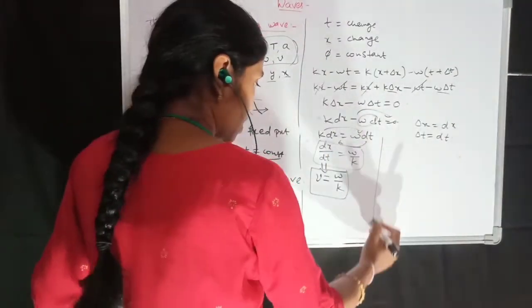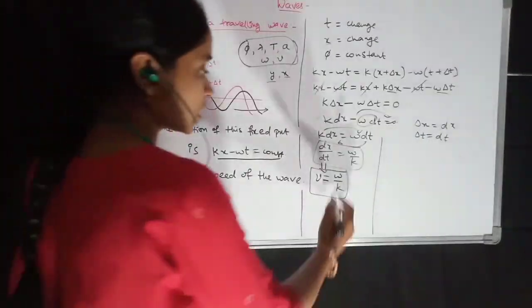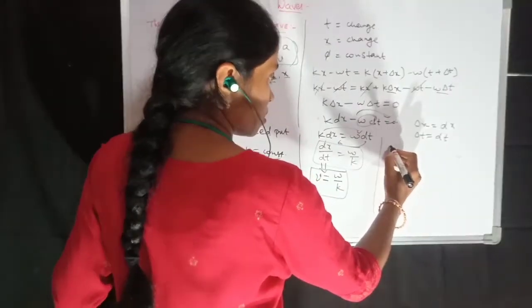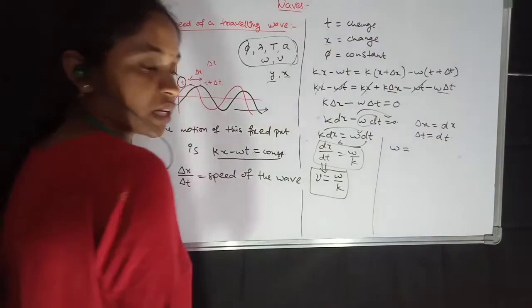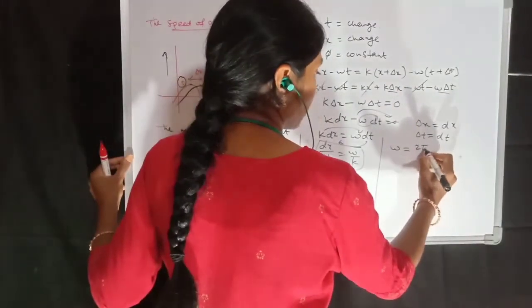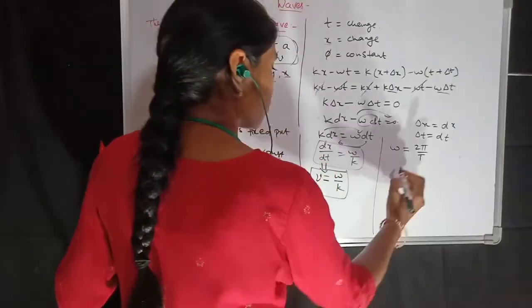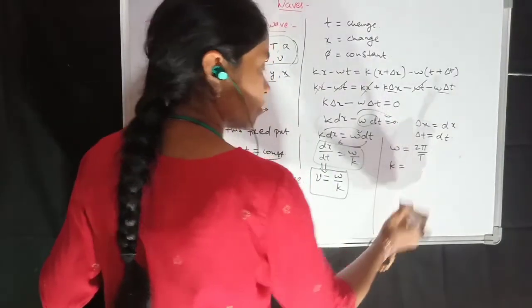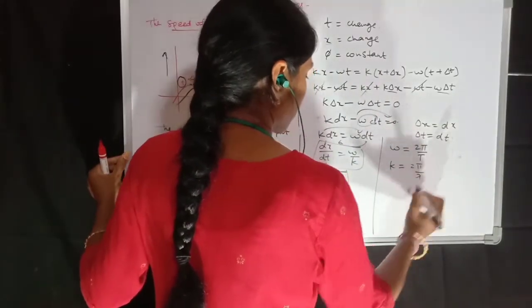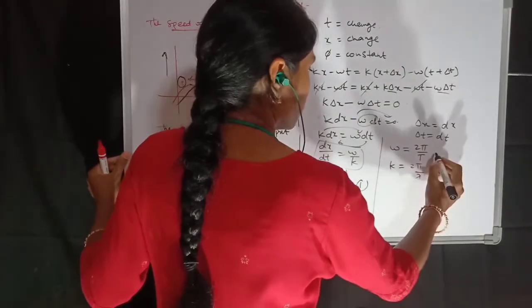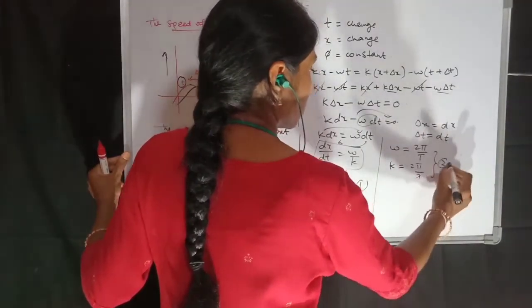And what is omega? In our last class, omega is related to the time period: omega equals 2 pi by T, and the wave number is related to lambda: k equals 2 pi by lambda. This is equation 1 and this is equation 2.